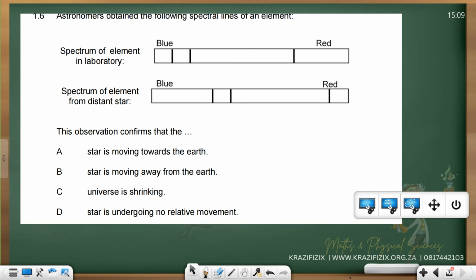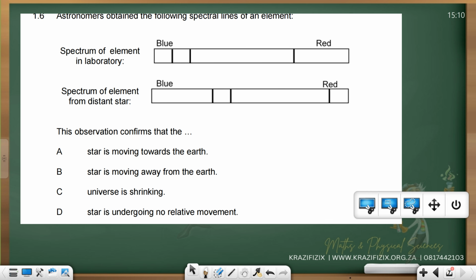Yes, are we done? What's wrong? Doppler effect is not your friend. But the theory is actually a lot easier. Okay, can I get answers? What are the answers? I'm seeing a B, oh, it's a BB.